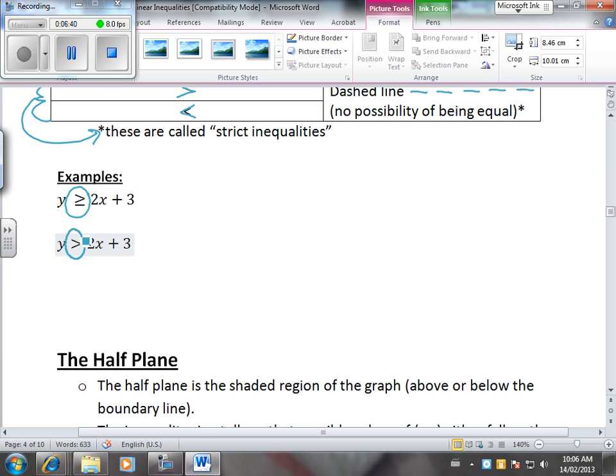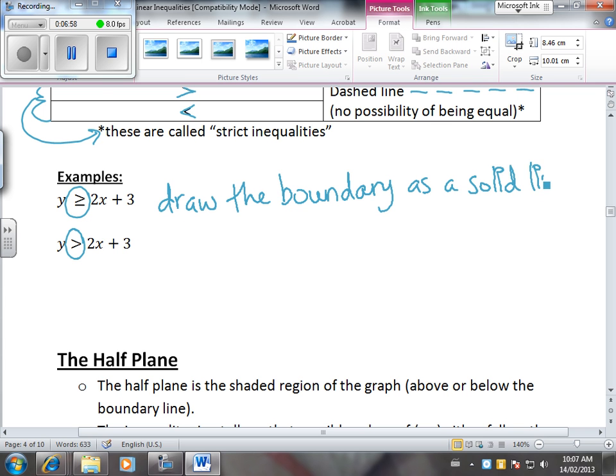So what kind of line will we draw? Up here, the first one, we will draw the boundary as a solid line. So this will be a solid line.